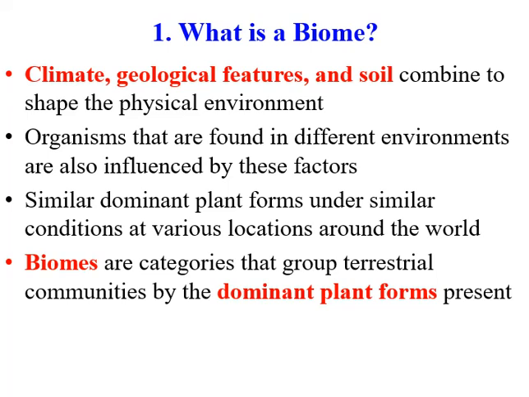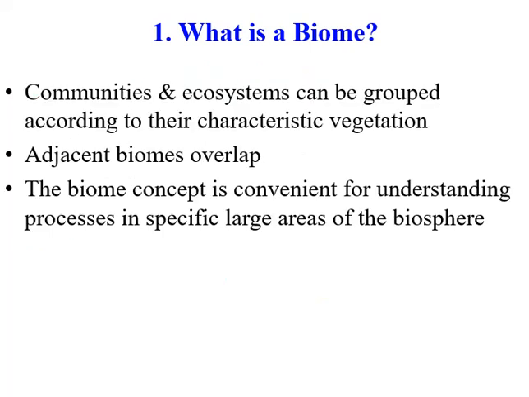And as the plants go, all the other organisms go. Animals, fungi, bacteria. So you can look around the world and you can classify land anyway in terms of these dominant plant forms. That's basically what this idea of biomes is.